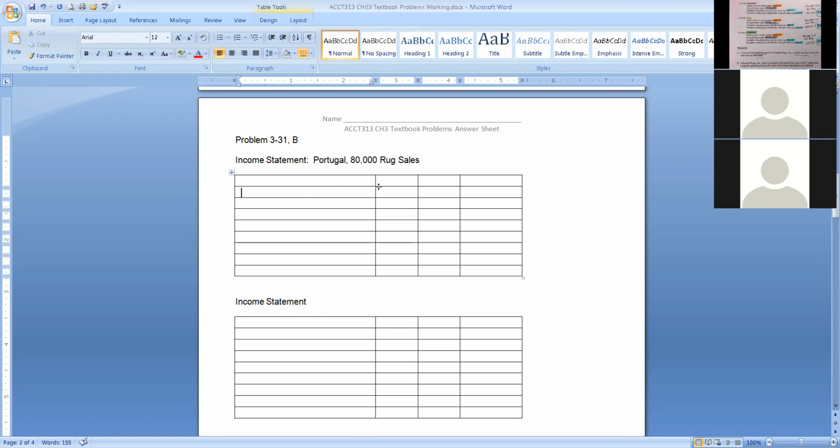So remember sales minus our variable cost. This is like pages 1 and 2 in the handout. They call it the operating income.